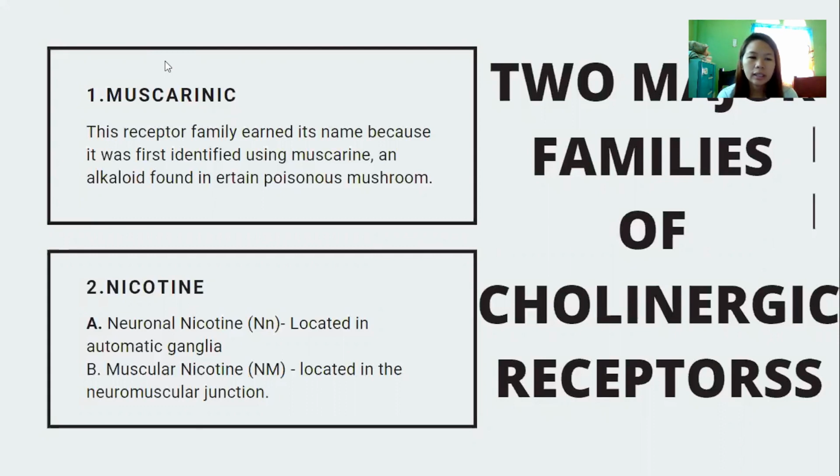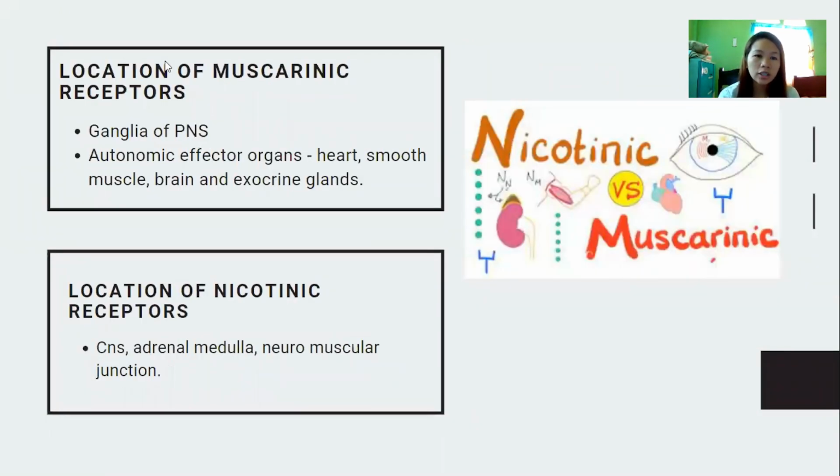Second is nicotinic: neuronal nicotinic, or NN, located in autonomic ganglia, and muscular nicotinic, or NM, located in the neuromuscular junction. Location of muscarinic receptors: ganglia of the PNS, autonomic effector organs, heart, smooth muscle, brain, and exocrine glands. Location of nicotinic receptors: CNS, adrenal medulla, neuromuscular junction.